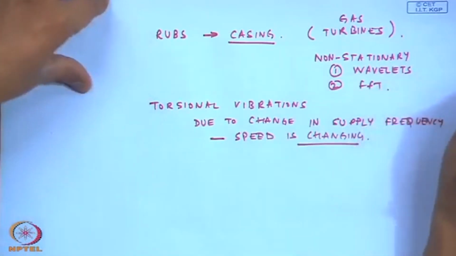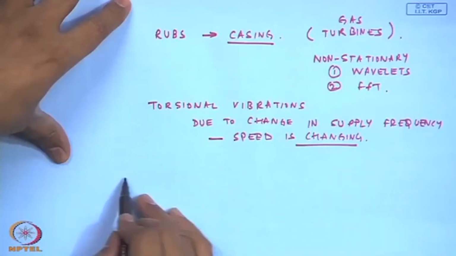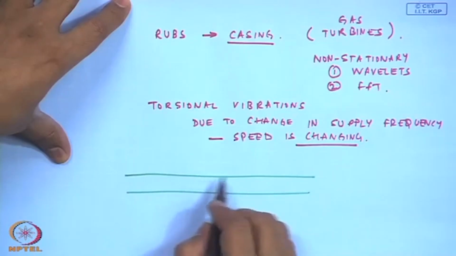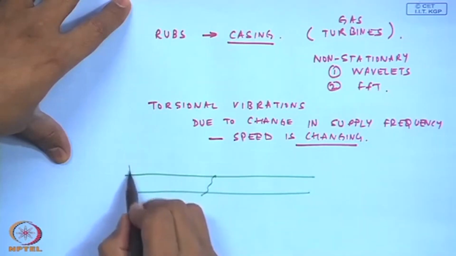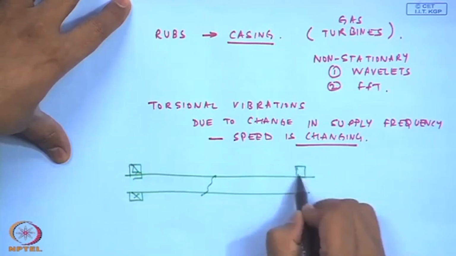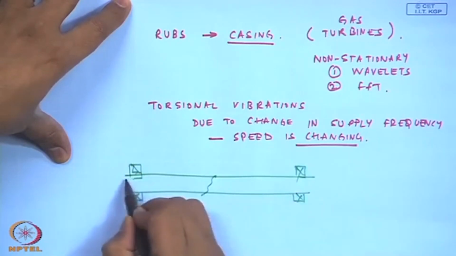Speed is changing. And I have seen many times, particularly crankshafts of large machines, structures failing because of such speed fluctuations.